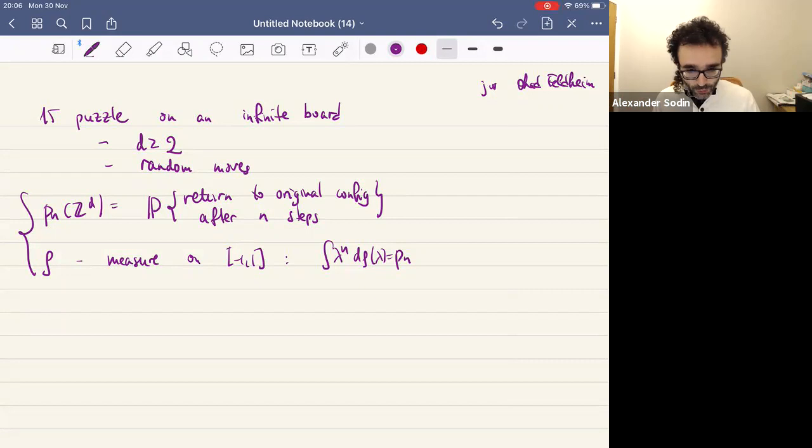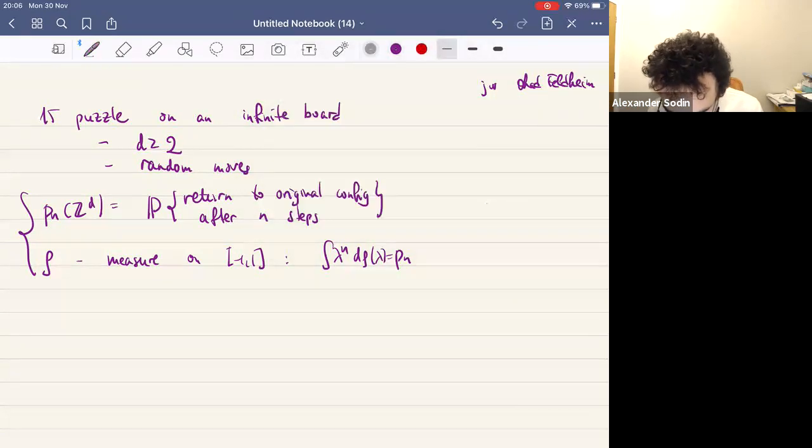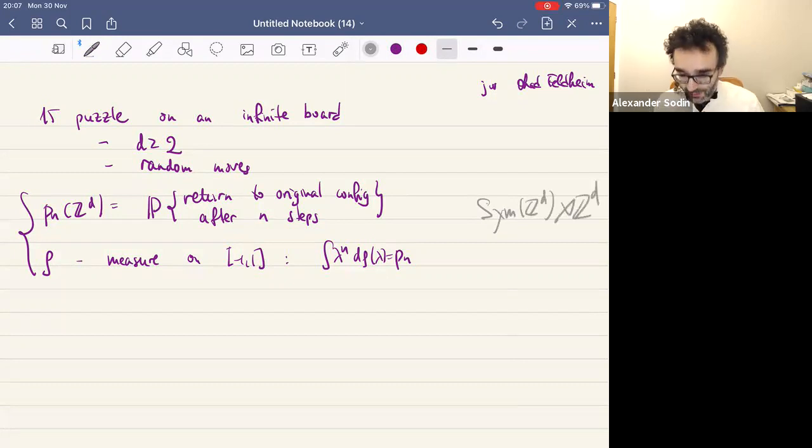If you prefer more scientific language than the colloquial one I'm using, then this is the semi-direct product of the symmetric group acting on Z^d and Z^d, where we have the natural Cayley graph, and we're interested in the return probability to 0, and we'll raise the corresponding spectral measure. I'm not going to use it at the moment.